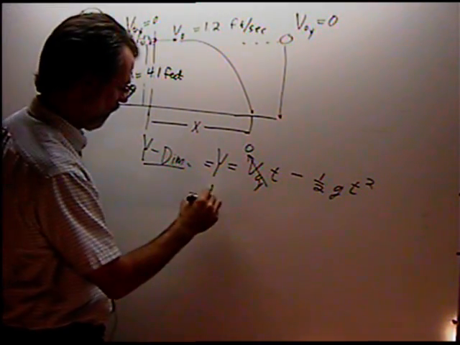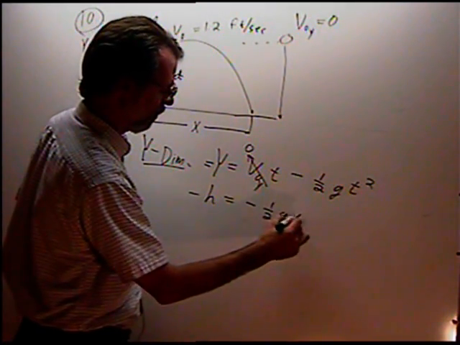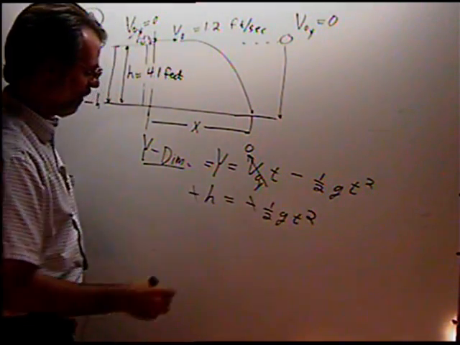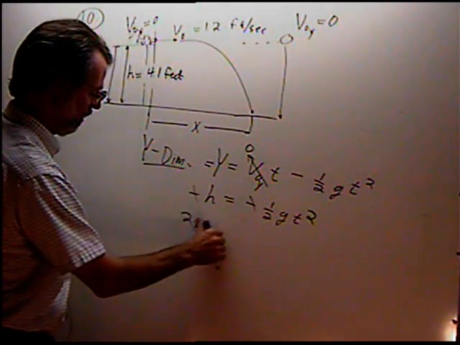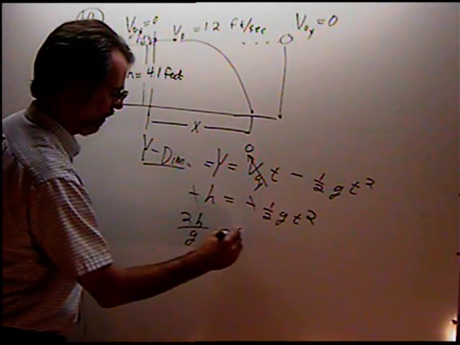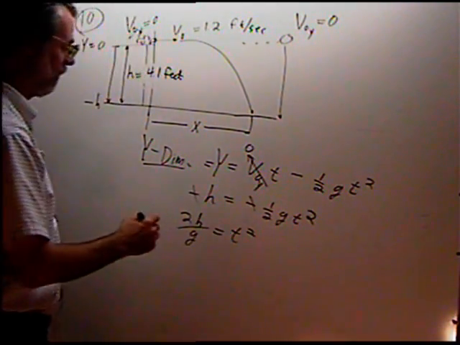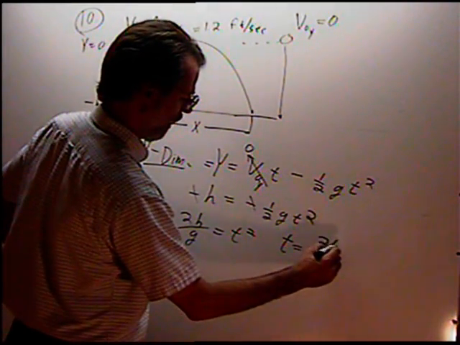So I have minus h equals minus 1/2 g t squared. The minuses cancel out again, and we have 2h over g equals t squared, or t equals the square root of 2h over g.